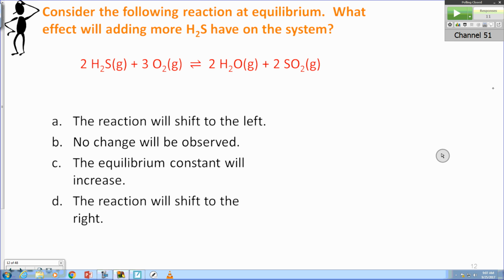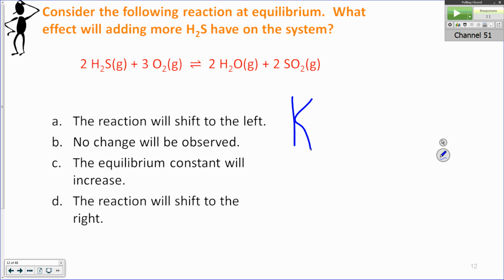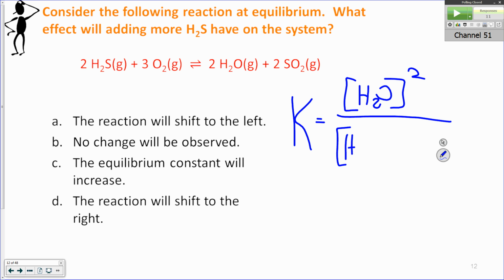So going back, the way I'd tell you, if you're not sure, always write out the expression for it. So if I write out the K expression for this, it's products over reactants. So it'd be the concentration of water squared over the concentration of the hydrogen sulfide squared, concentration of the oxygen cubed.